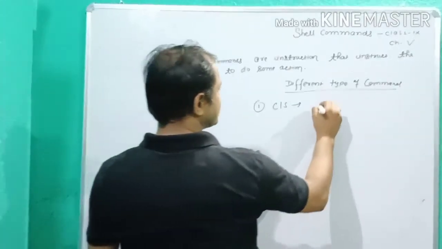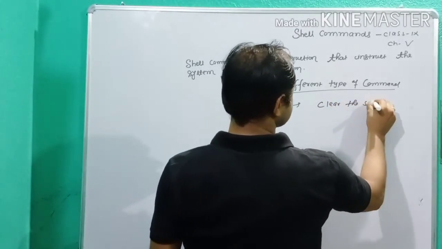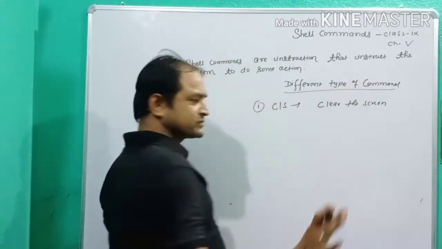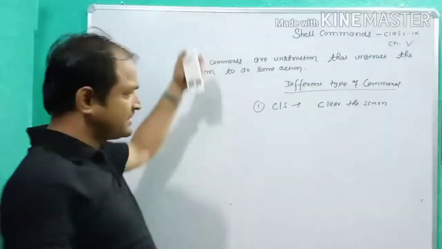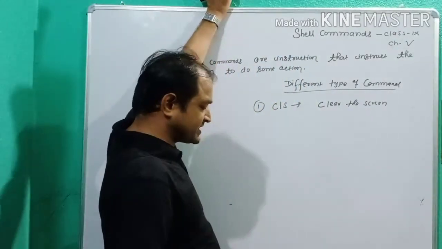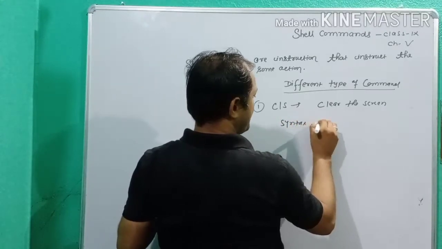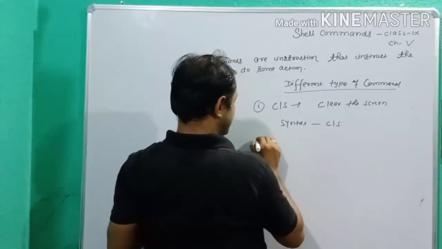CLS command means clear the screen. I have not written every command, I write down two or three commands. CLS command is used to clear the screen. Syntax is only CLS.